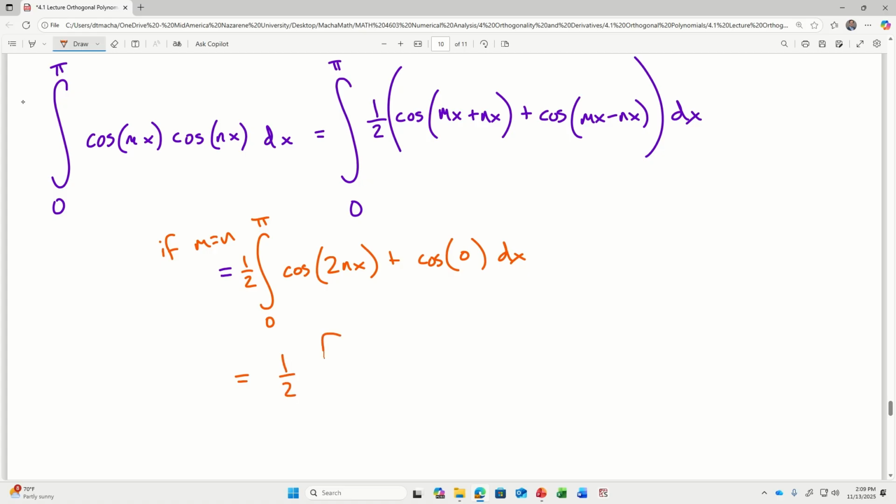So let's see. Let's take some antiderivatives. Antiderivative of cosine would be sine. The derivative would be negative sine. So we've got sine of 2nx, and we divide by 2n, right? And then plus, the antiderivative of 1 is x, from 0 to pi.